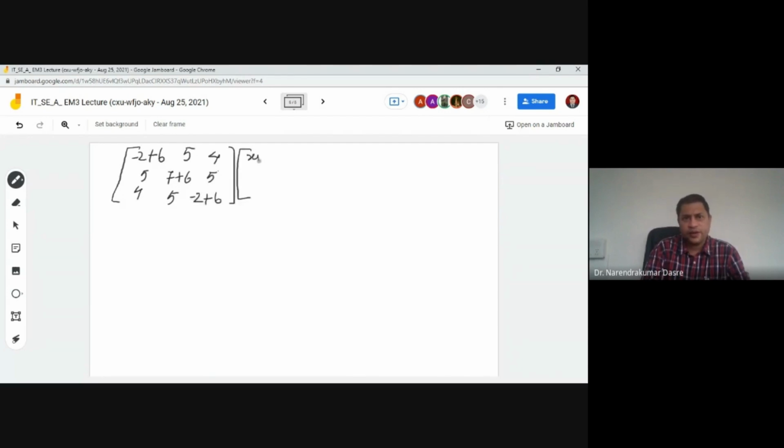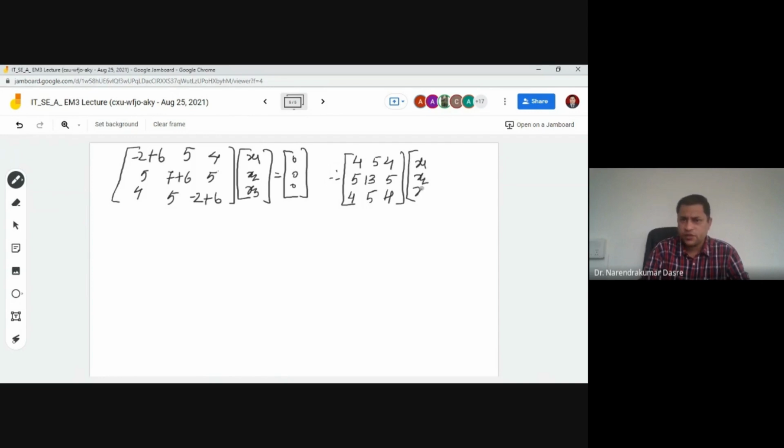So we have x1, x2, x3 equal to 0, 0, 0. So this is going to be 4, 5, 4. Then 5, 13 and 5, and again 4, 5, 4. The right hand side is equal to 0.